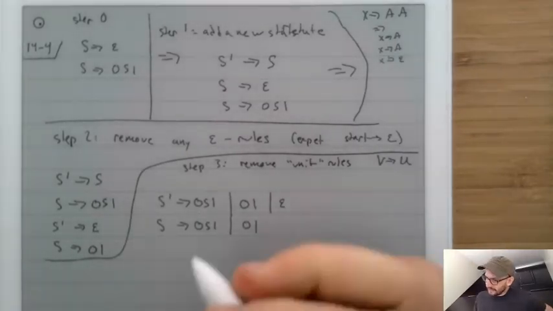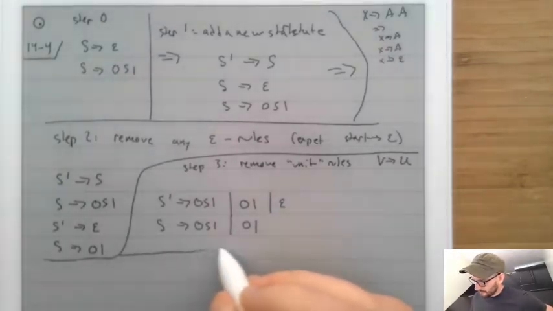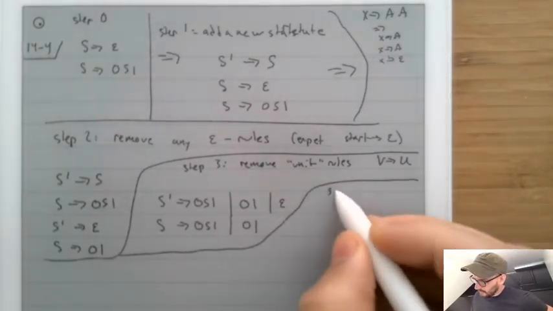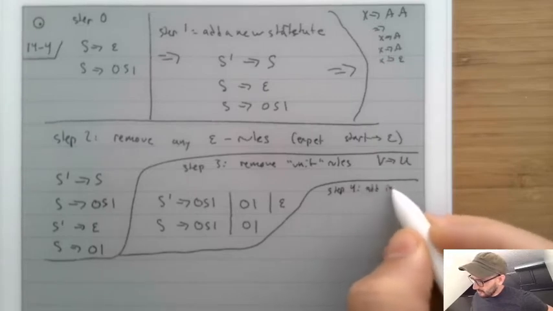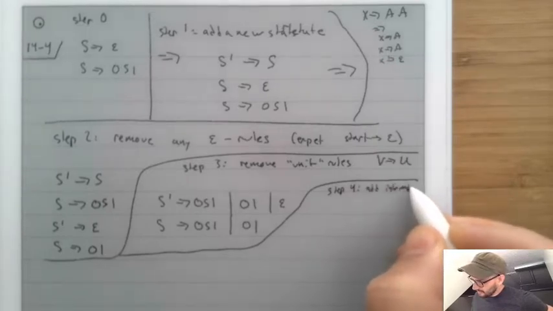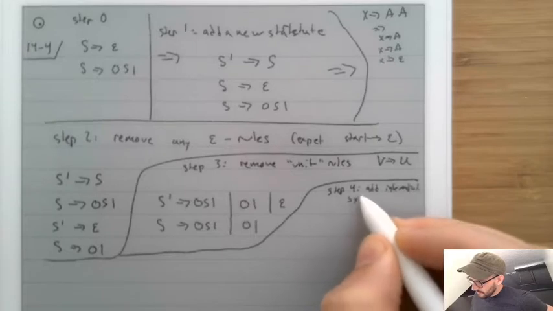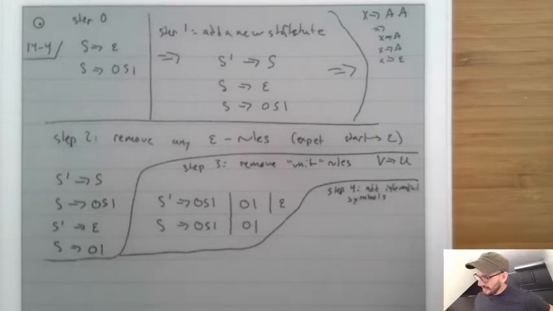Now the last thing that we do, step 4, is we add intermediate symbols. What an intermediate symbol is, it's a symbol that stands in for a terminal.